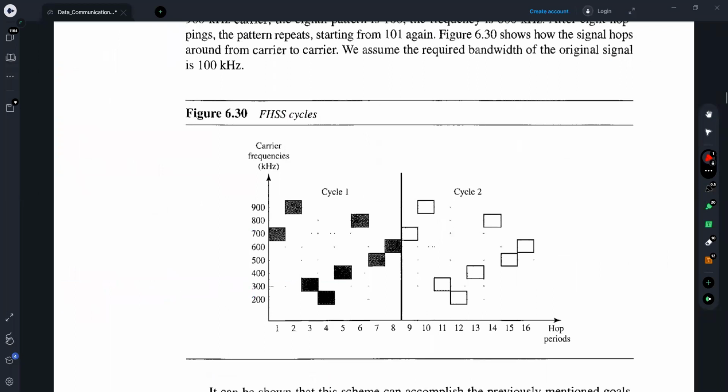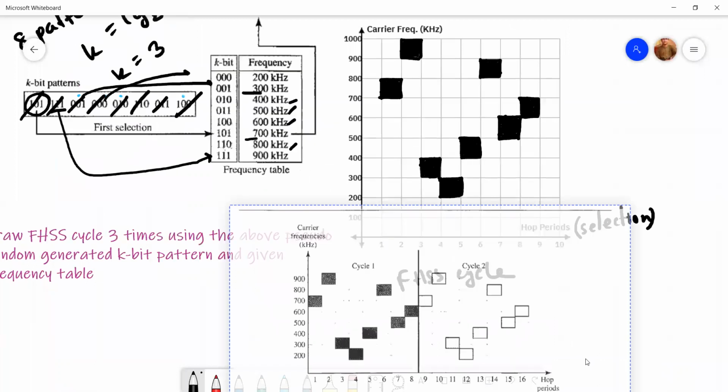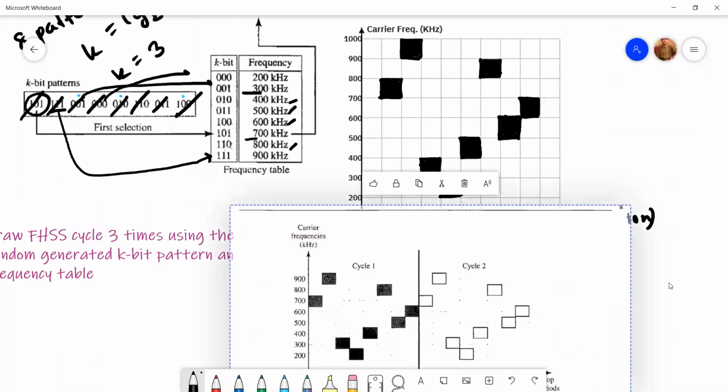So if I just cut it out for simplicity, let me cut it out for you. Go to snippet. As you can see, we have drawn the same type of graph.